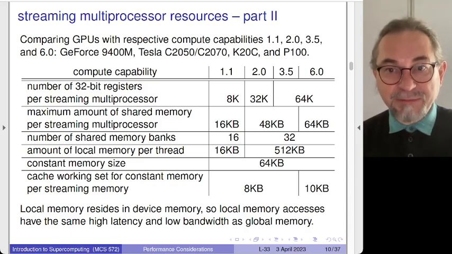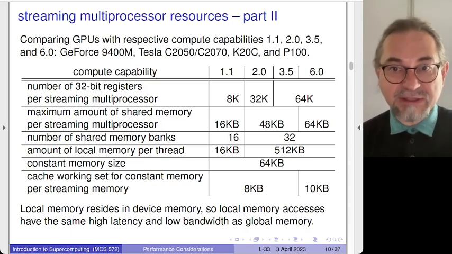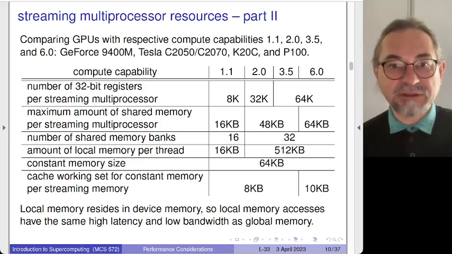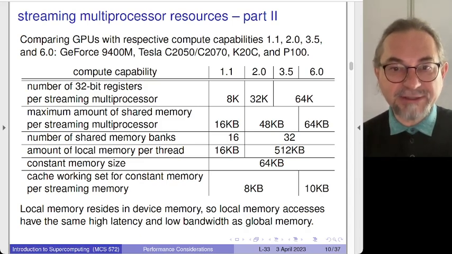The amount of shared memory has also been increasing, but, and this is to keep in mind, the number of threads has grown much faster than the available shared memory.